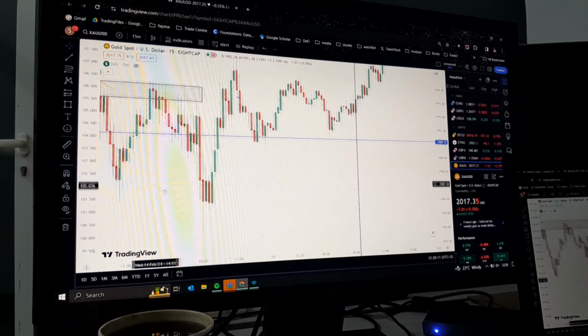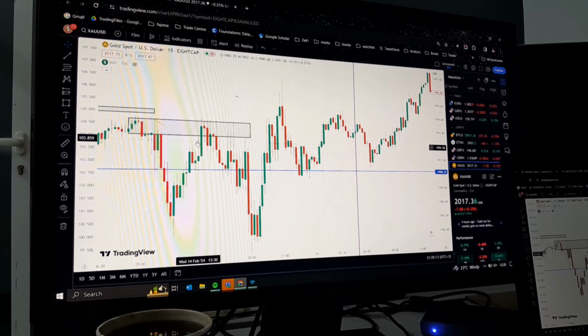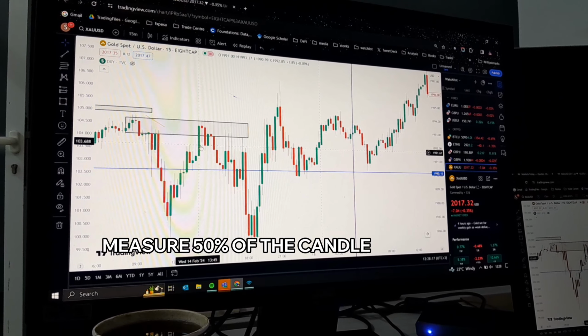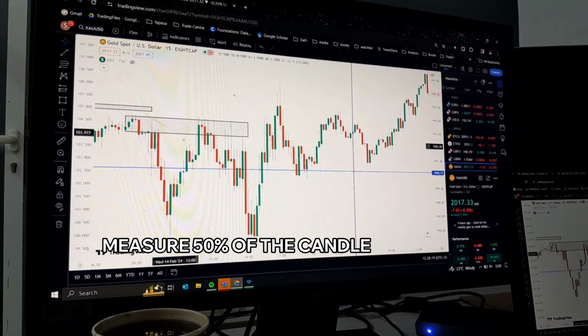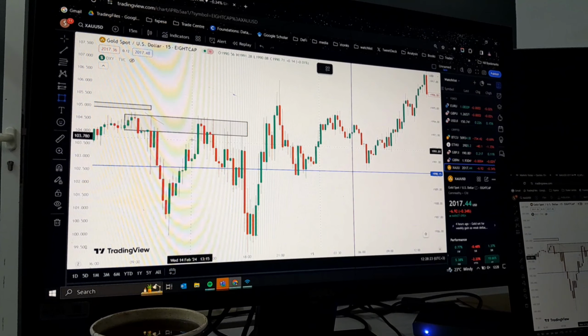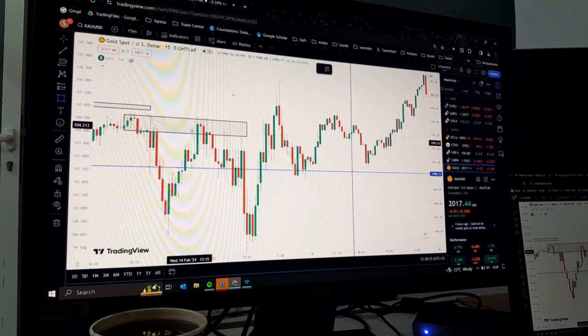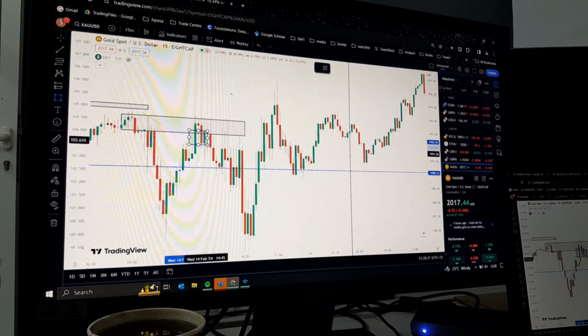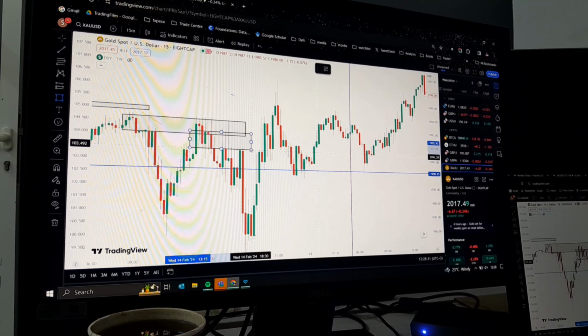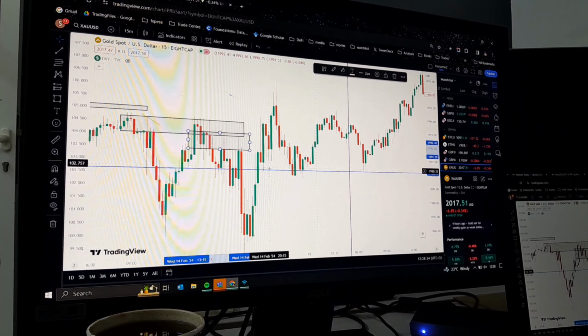At this point, we'll find an implied FVG right here. We measure 50% of this red candle and 50% of the green candle. For purposes of time, we'll just estimate. Here is 50% of this red candle, here is 50% of the green candle. We mark that as our FVG.